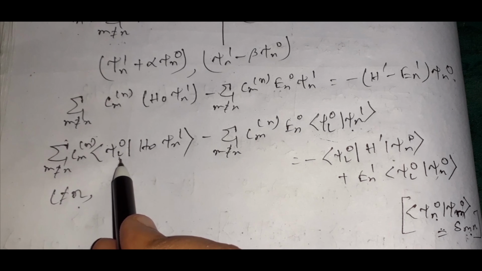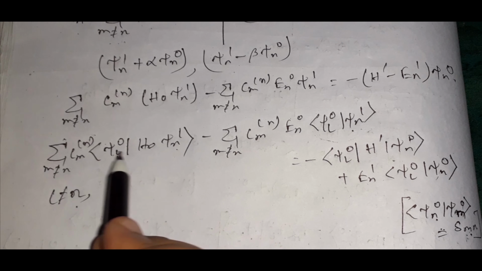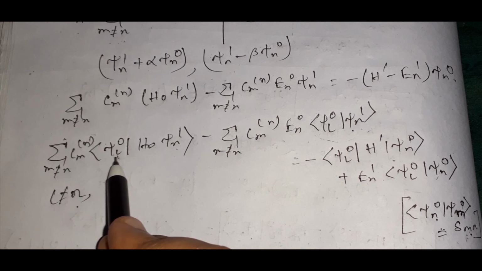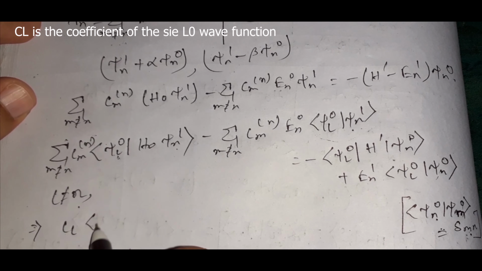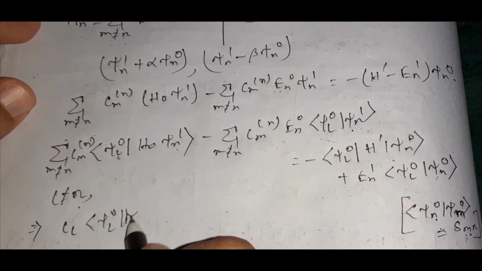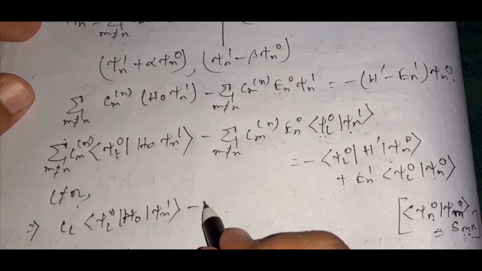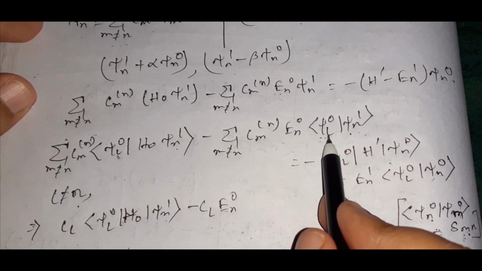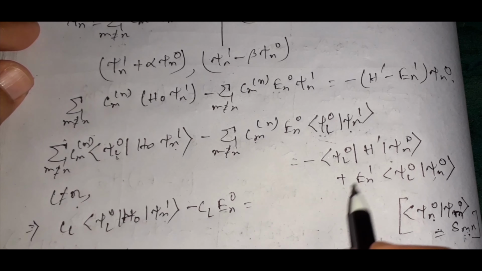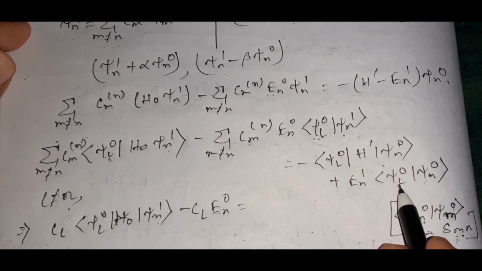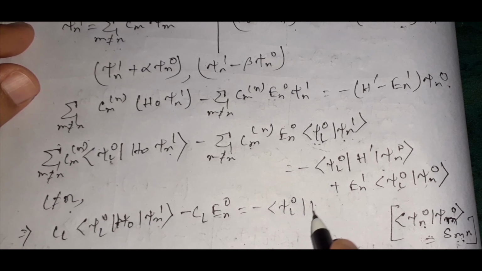As I choose a particular wave function, if this applies on ψn1, we get the coefficient of ψL0. So CL ψL0 H0 ψn1 minus CL En0, which I wrote earlier, and this blows up as L is not equal to n, and from the orthonormal condition this is 0, and we get this.